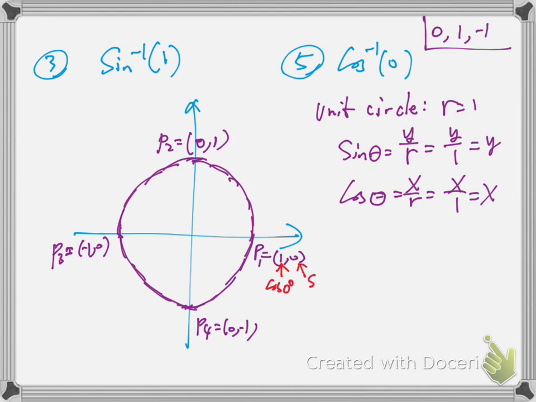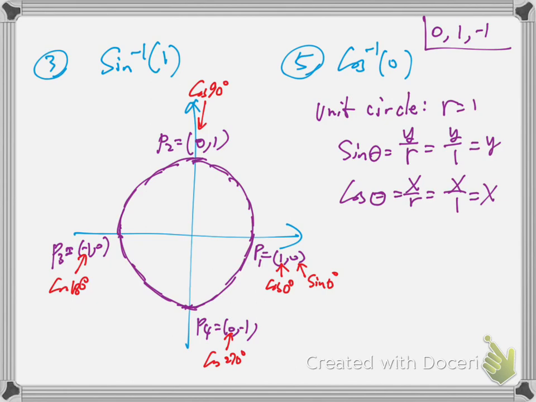This is sine 0, right? And this is sine 90. This is cosine 180, sorry. So the x coordinates are cosine, the y coordinates are sine, right? So this is cosine 90, cosine 180, and cosine 270.